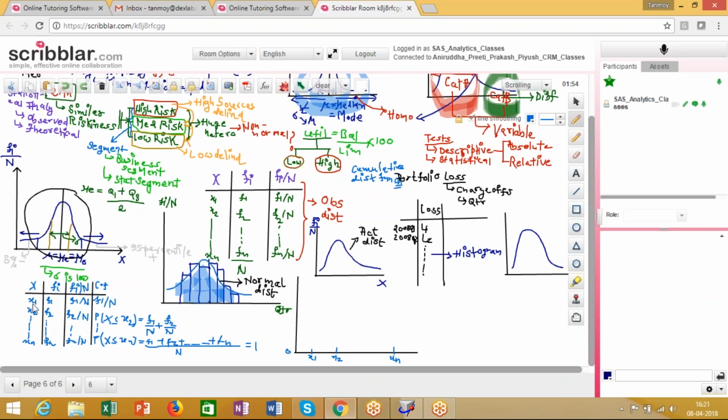The first value that it starts off with is x1, so it is not possible that x will take a value less than x1. Therefore the probability is 0. This is your relative frequency distribution, or Fi by n.